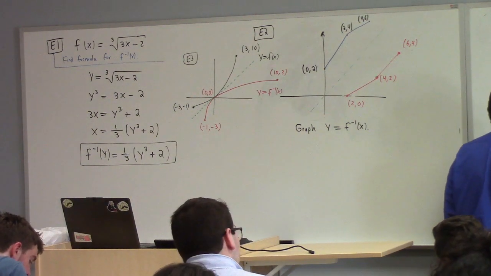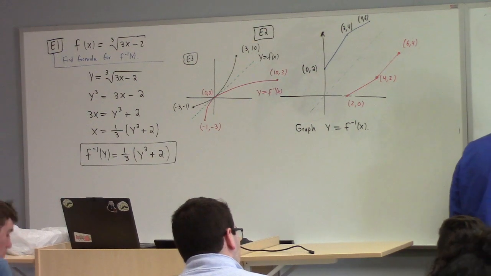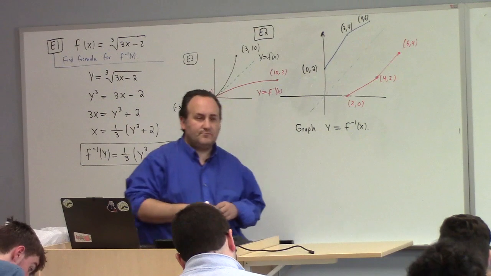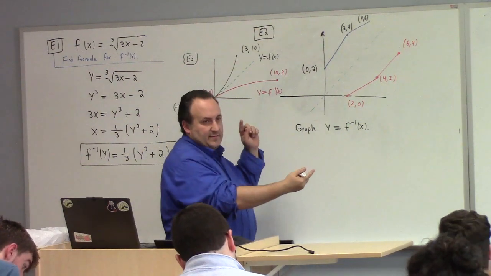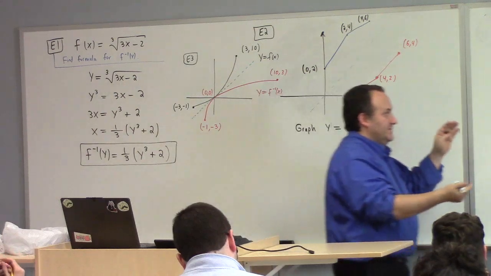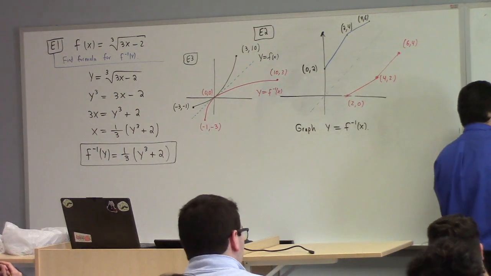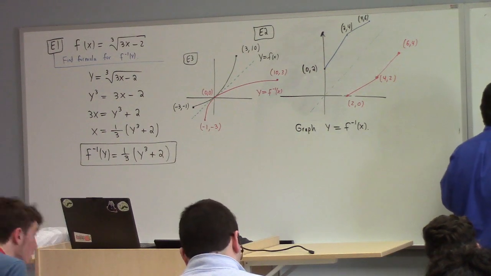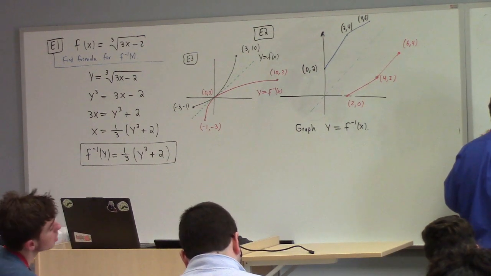So y minus 10 is 7 over x minus 3. And then I'm basically going to swap places. So x minus 3 is equal to 7 over y minus 10.